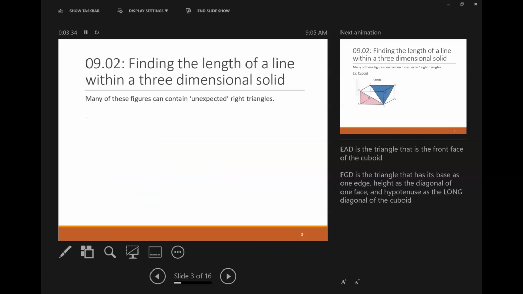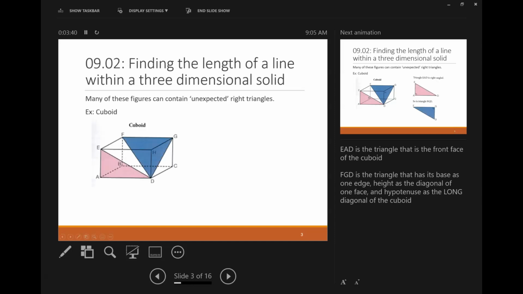There are obvious right triangles, and then there are going to be some unexpected ones. EDA is easy to see that that's going to be a right triangle, right? Because it's just half of one of these rectangles on the side. This triangle FGD is harder to see that that is there and that it's going to be a right triangle.